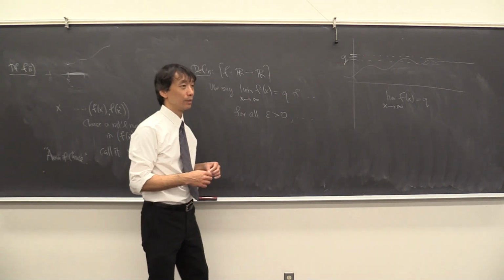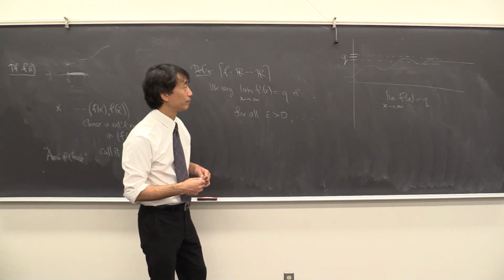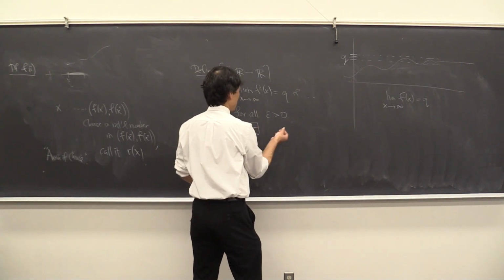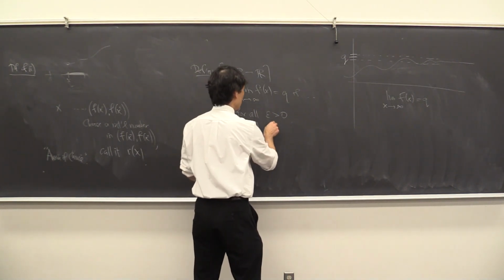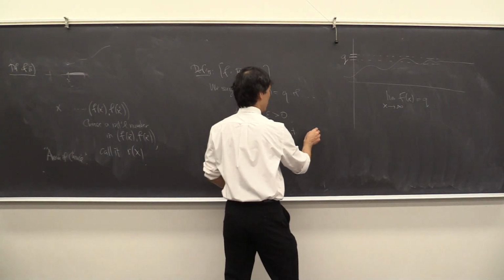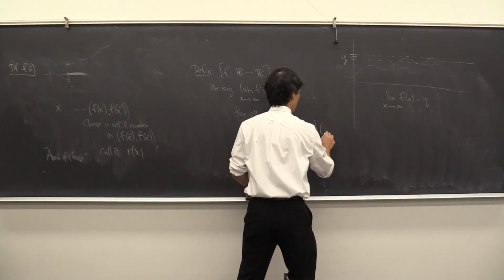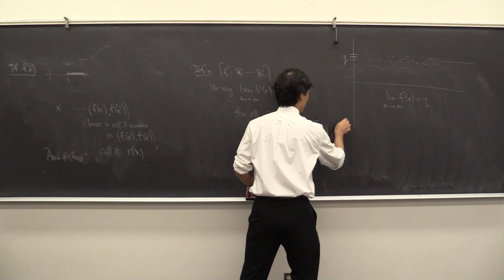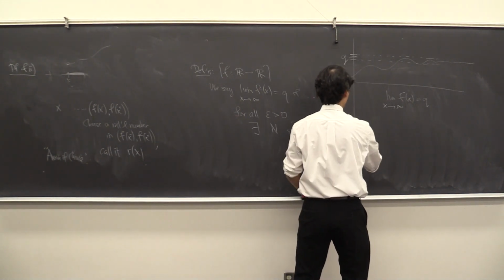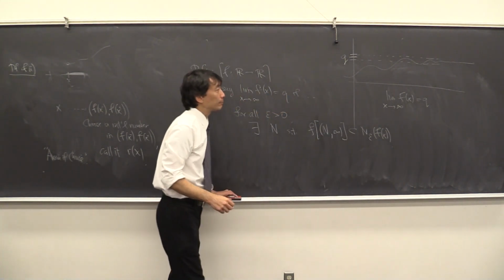I think the book said it was like the open interval between some number and infinity. Yeah, so for all epsilon, there exists some n such that f of the interval (n, infinity) is contained inside the epsilon neighborhood of q.